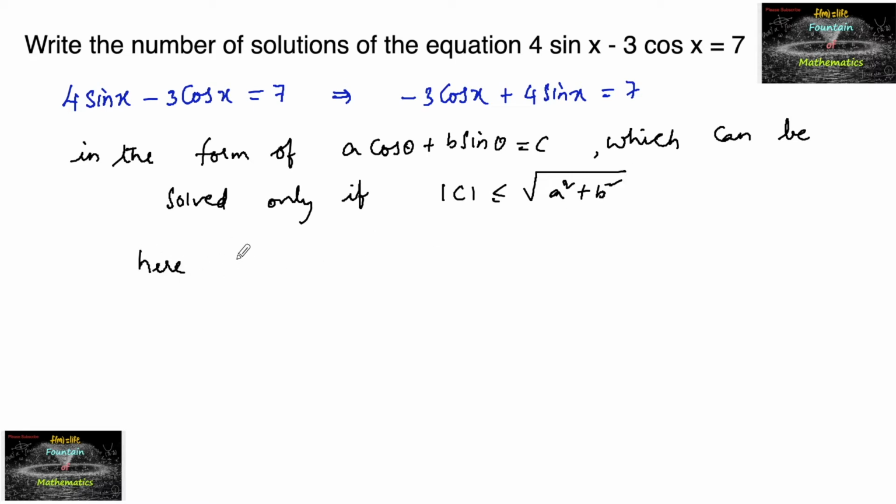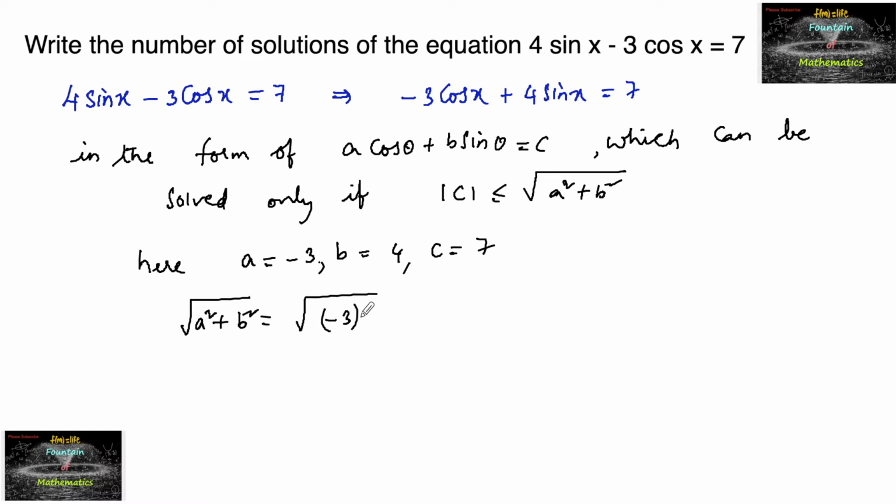But here a is equal to minus 3, b is equal to 4 and c is equal to 7. So root over a square plus b square is equal to root over (minus 3) whole square plus 4 square, which is equal to root over 9 plus 16, which is root 25, which is equal to 5.